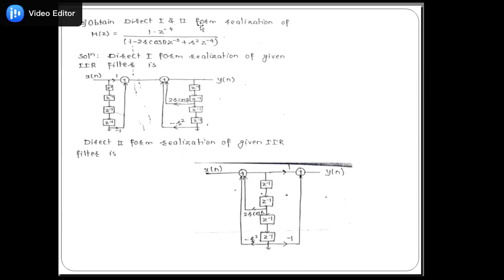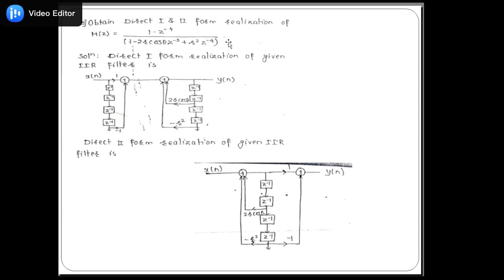Obtain direct 1 and direct 2 form realization of h of z is equal to 1 minus z to the power minus 4 divided by this equation. You have to realize that y of z by x of z multiplied with this numerator, that will generate this equation. Input side first time multiplier is 1, then delay by 4 sample directly multiplied with this equation, that's why that structure will be generated. Then for output side, that will be the y of n, y of n divided by x of n.